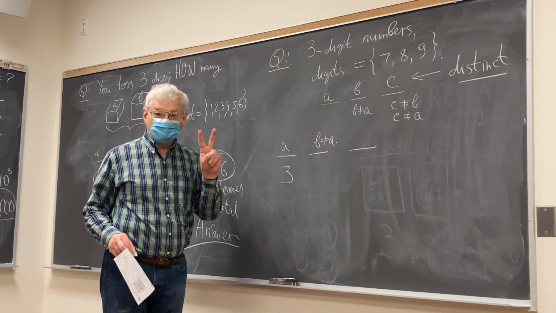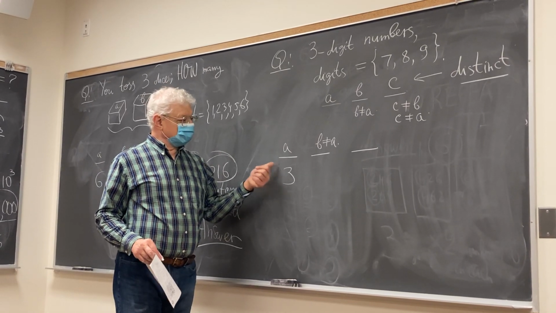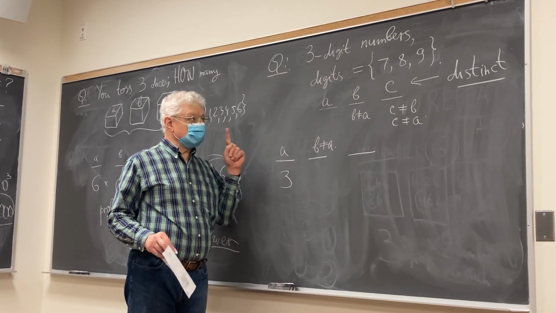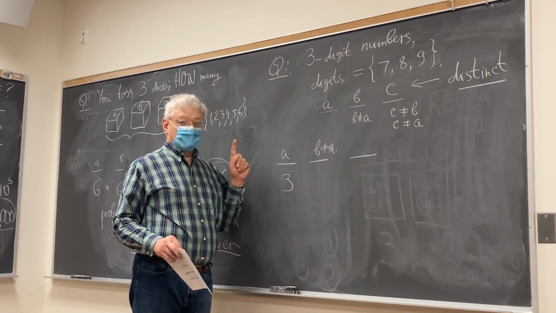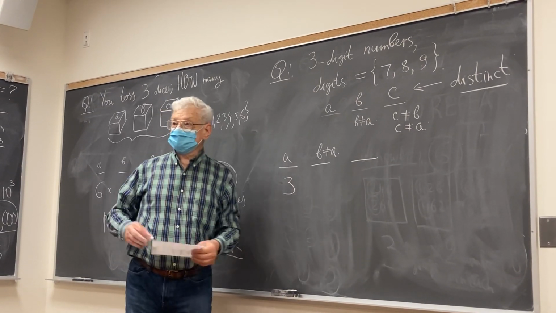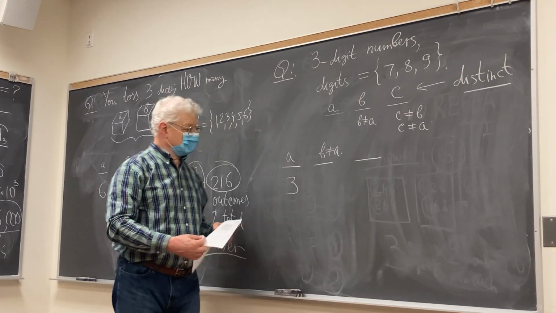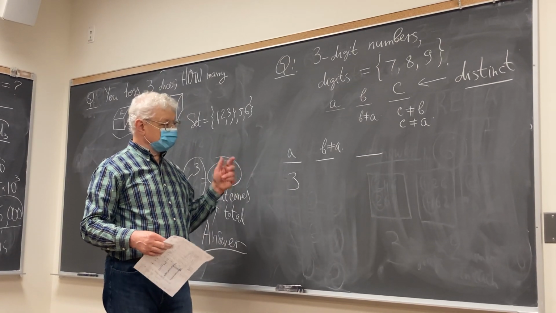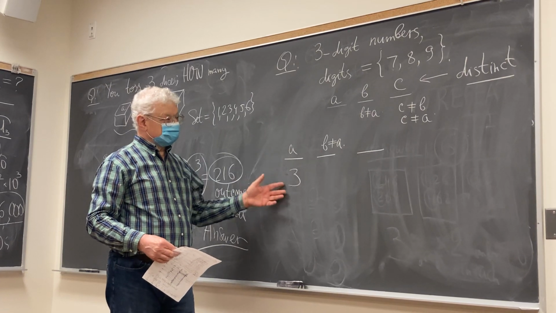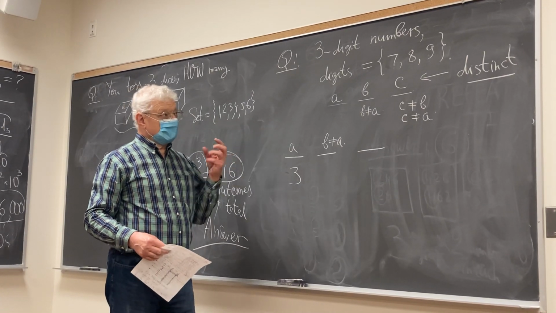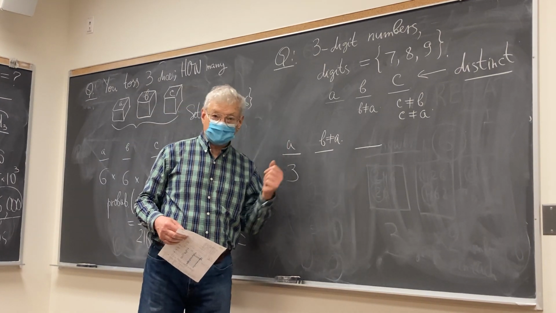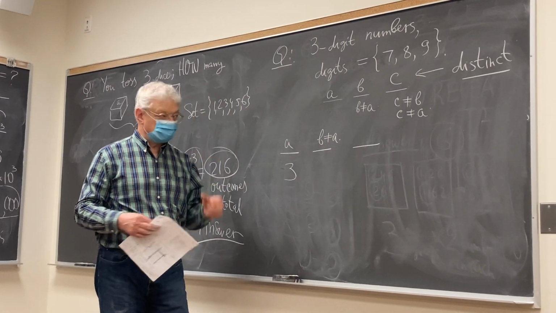So this 2 depends on your choice of A, but the number of those does not depend on the number of choices to choose A. This is exactly the uniformity criterion. The number of ways doesn't depend on what you choose on the first place. The digit itself depends, but the number of ways to choose it doesn't depend.